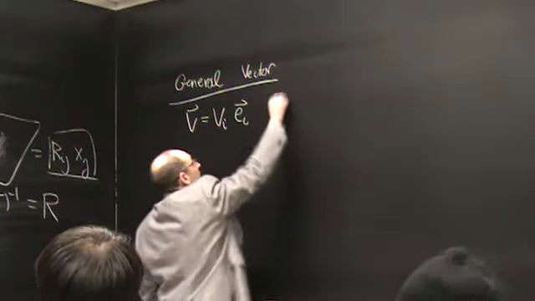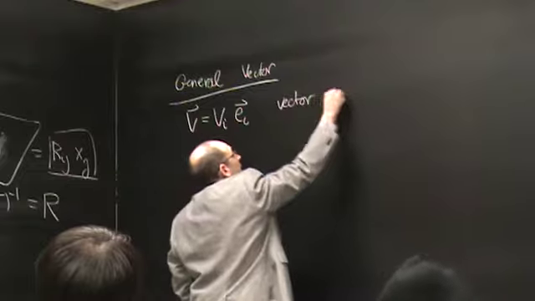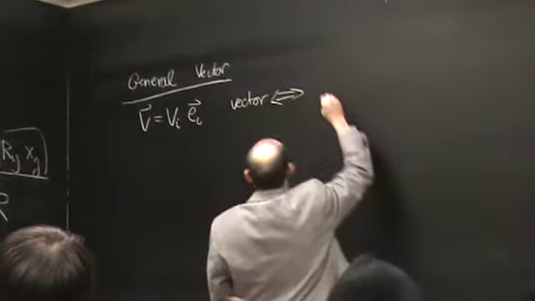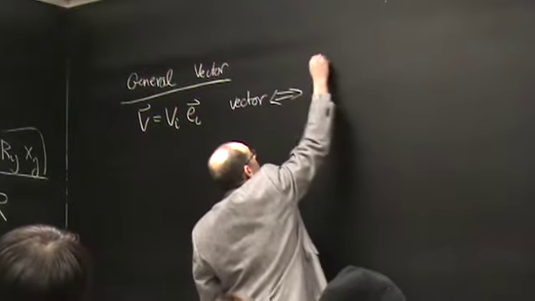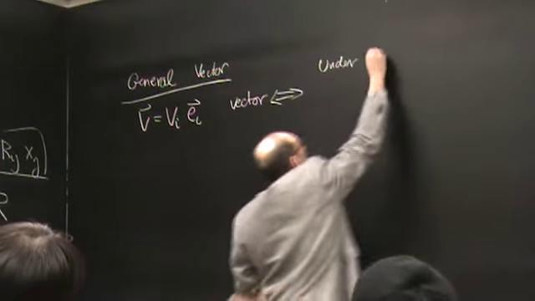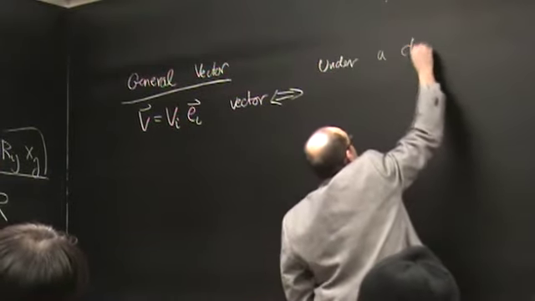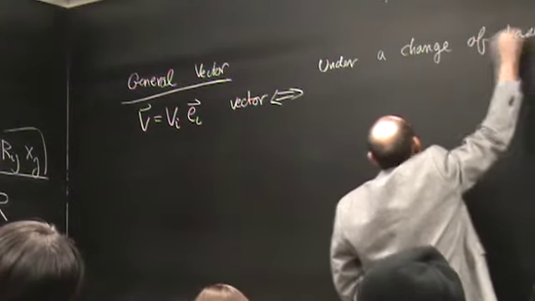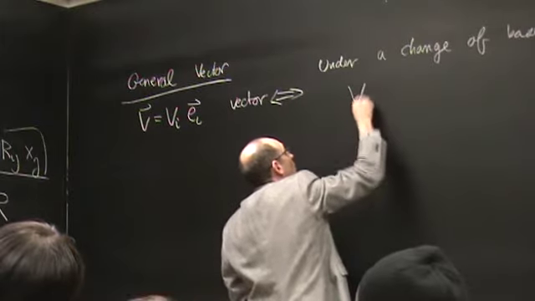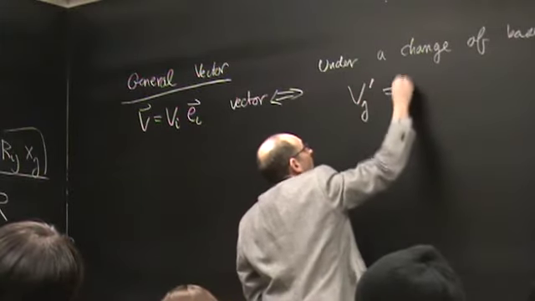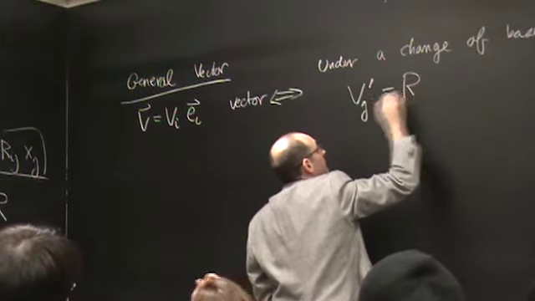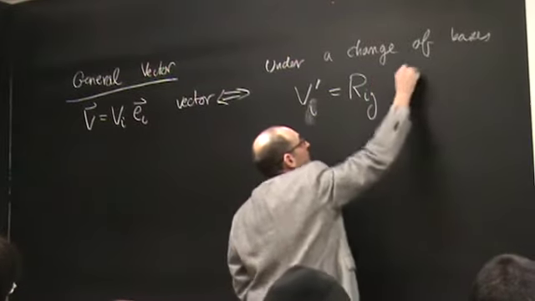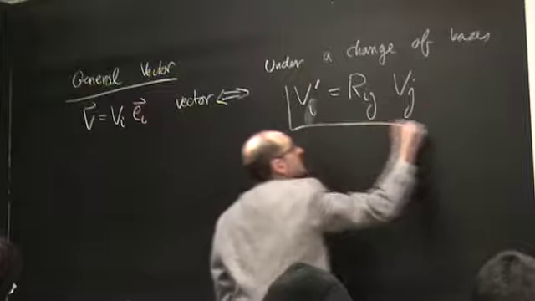And it is a vector if and only if, when I change the basis, the new coordinates of the vector are related to the old coordinates by the same transformation that we had for position.